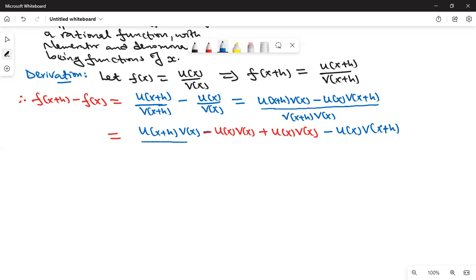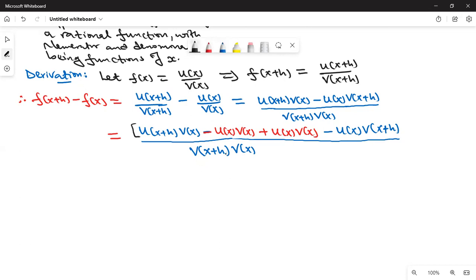And so this is divided by v of x plus h times another v of x. Look at what I've written in red. That is the function that I'm subtracting and also adding, so that I can now group this.